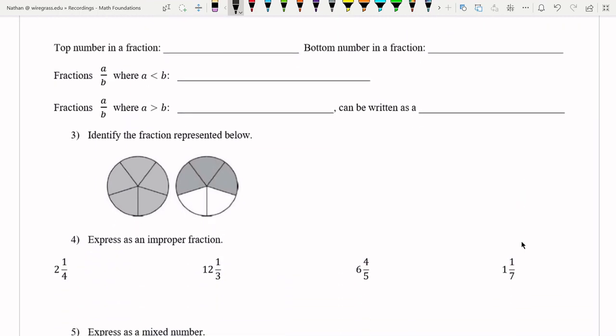Now, once again, the top number in a fraction is the numerator, and the bottom number in a fraction is the denominator. When the fraction is a over b, where a is less than b, in other words, the numerator is less than the denominator, this is called a proper fraction.